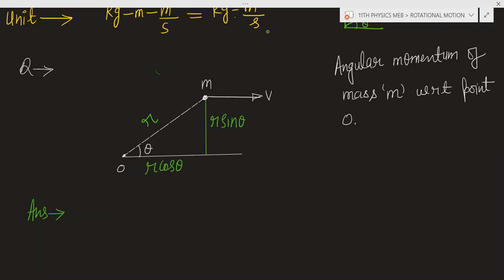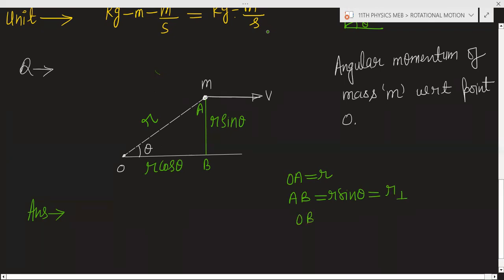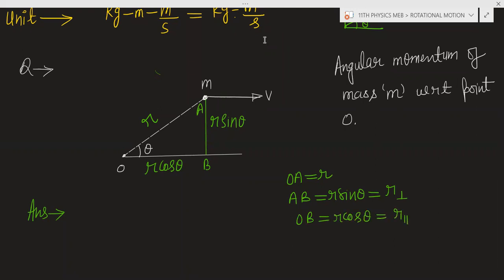Suppose this point is A, this point is O, and this point is B. OA is equal to r, AB is equal to r sine theta, which is r perpendicular, and OB is equal to r cos theta, which is the parallel component of r.